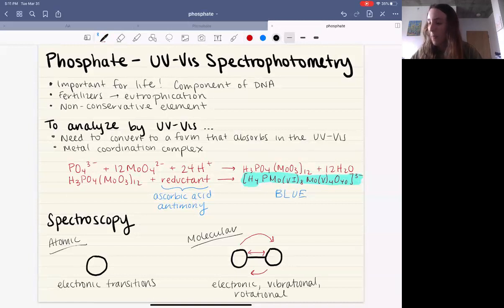So what does this mean? In atomic spectroscopy, you might remember we used a hollow cathode lamp as our light source in order to emit just a single wavelength, because we knew that our atoms would absorb right at that single wavelength. This is called a line spectra.